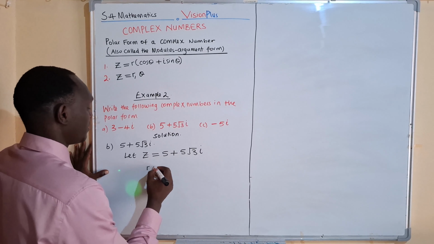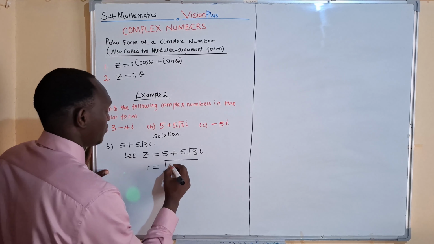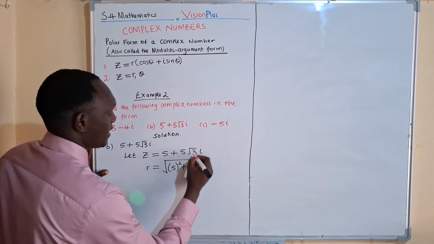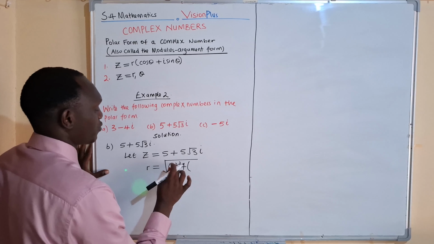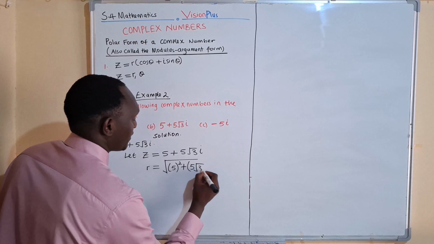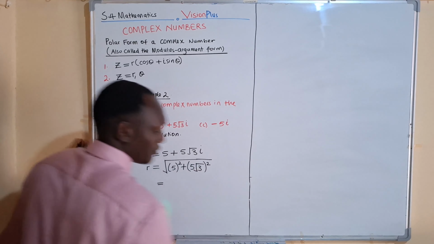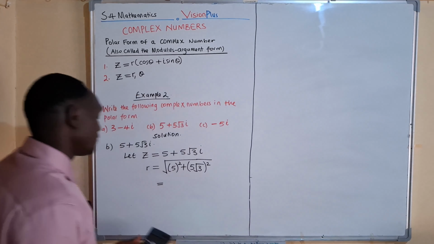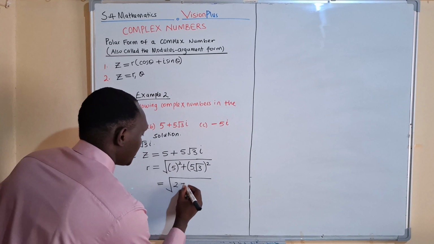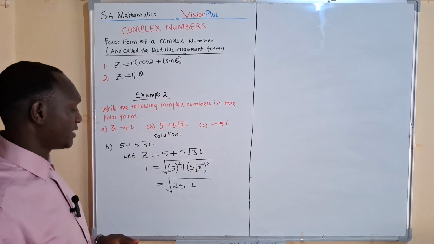So the magnitude r becomes the square root of x squared, which is 5 squared, plus the square of y, 5 root 3, and then we square it. And then you press the calculator. What is 5 squared? It is 25. 25 plus what is 5 root 3 squared?